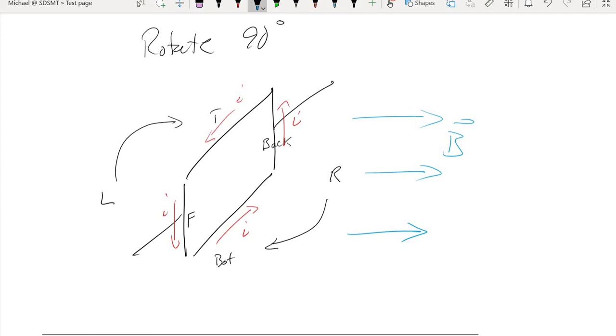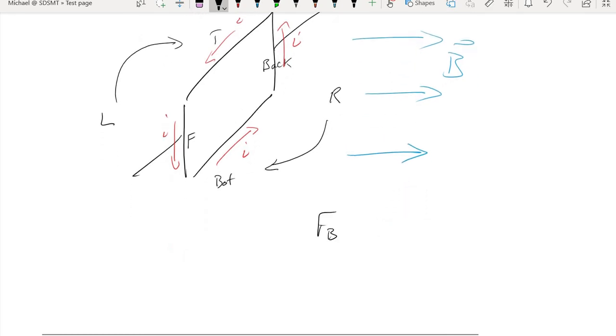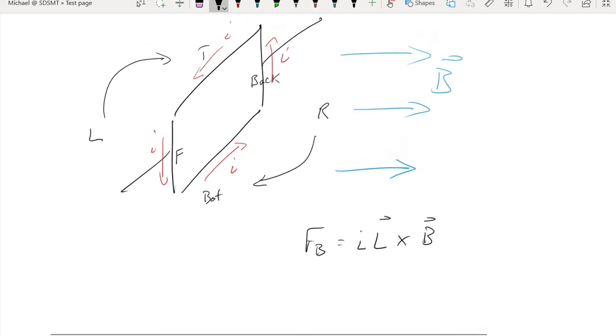So what does that mean for the forces that are acting on the four legs of our coil? Well, at this point, hopefully we can kind of eyeball what should be happening for each of these legs. For the front leg, I have current traveling down. I have magnetic field pointing to the right, and so the resulting magnetic force on the front leg would actually be pointing along the pivot.